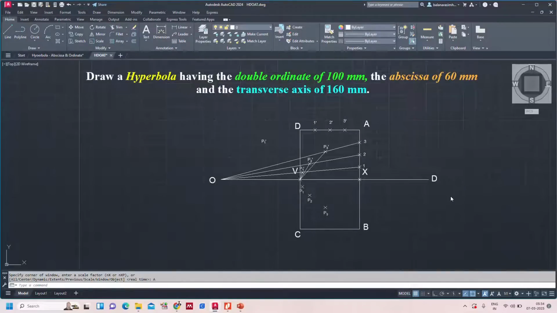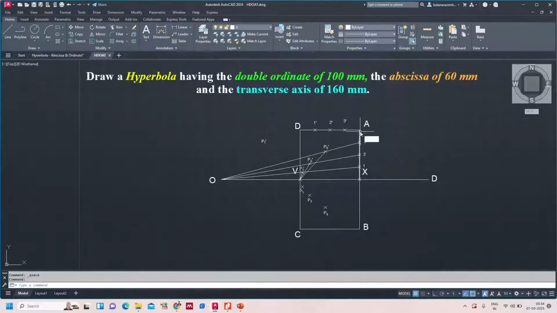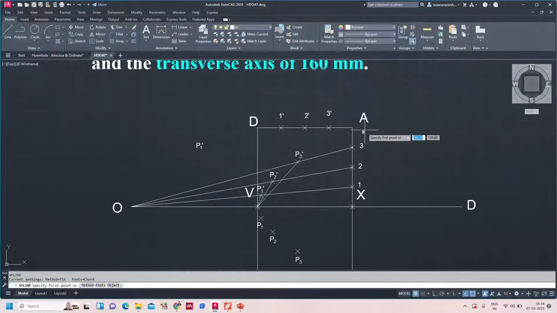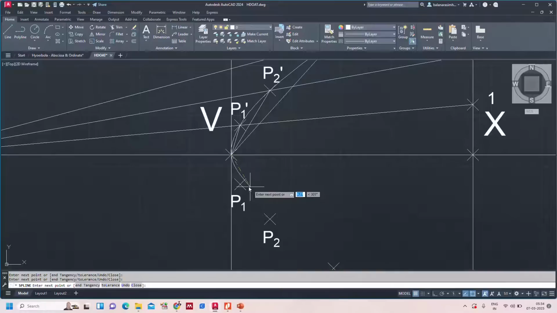Now what I am going to do is that instead of drawing from the vertex, I am starting from the double ordinate. You can see: draw a smooth curve using spline through all the points P1, P2, P3. Yeah, it will pass through all the points, as I did in the parabola also. Here also we are going to do the same. Take the spline curve, start with the double ordinate A, and then go to P3, P2, P1 dash and the vertex point of the hyperbola.